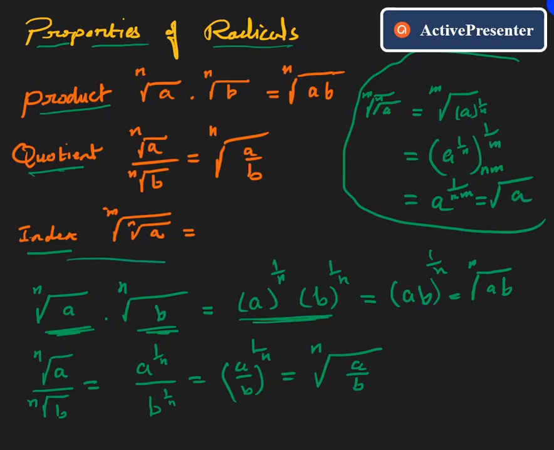So when we write the index property, the mth root of the nth root of a is equal to the m multiplied by n root of a. That's it.